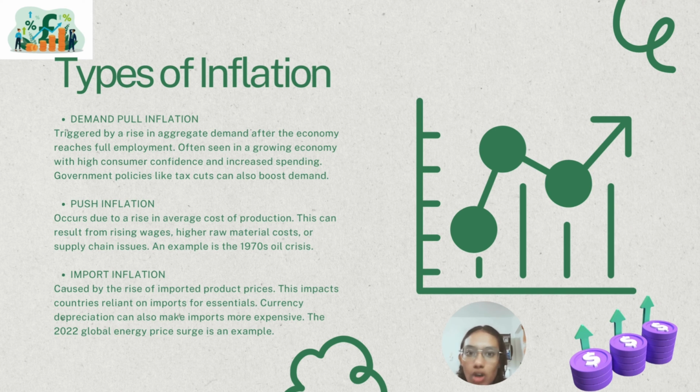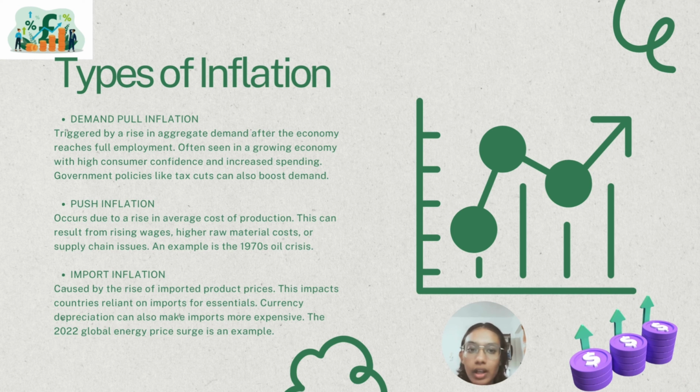It happens when the cost of production for goods and services increases, which leads to higher prices. This increased cost can result from several factors, which are rising wages, higher prices for raw materials, or disruptions in the supply chain.